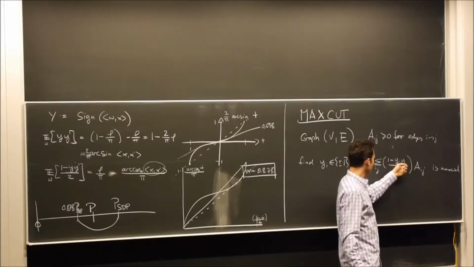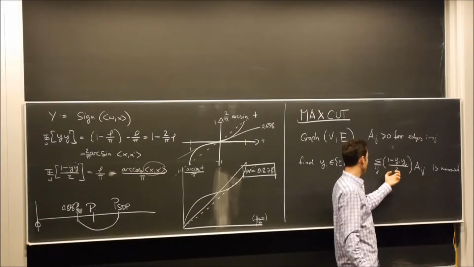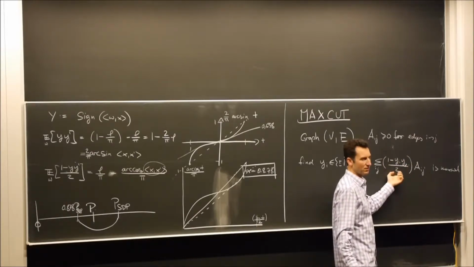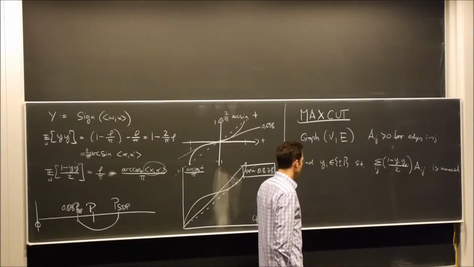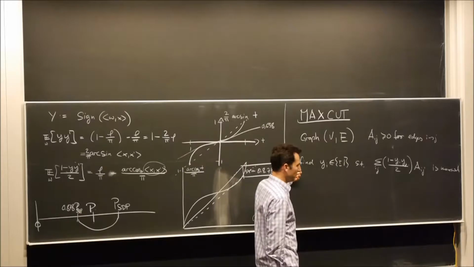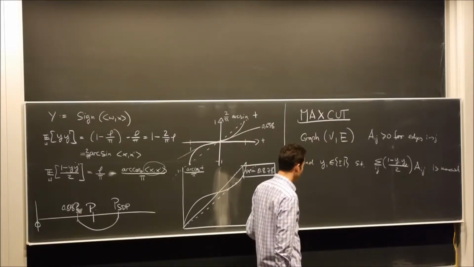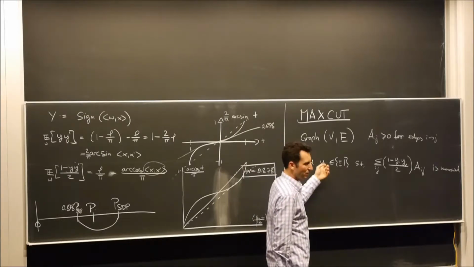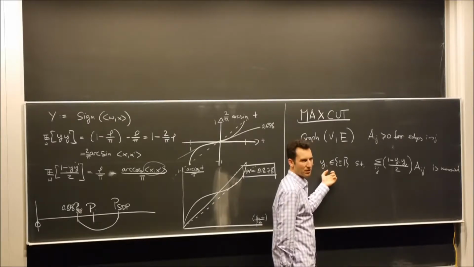You can clearly see if i is not equal to j, yi yj is going to be negative, so this is going to count as 1. Whenever i equals j, it doesn't count. So this is the goal. There are a lot of problems that you can rewrite in this form, but the point here is this is a discrete optimization problem. It's not easy to solve.